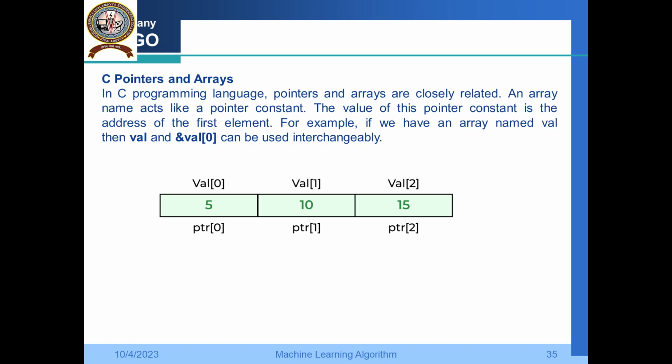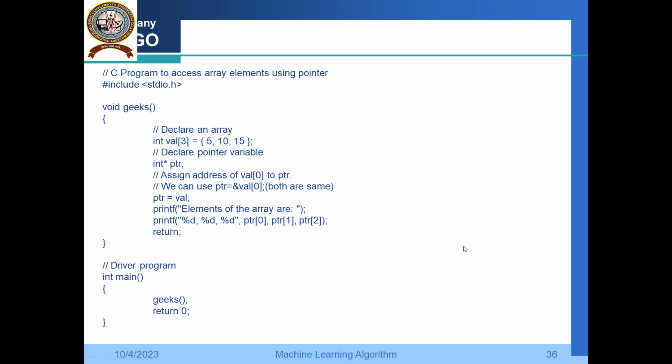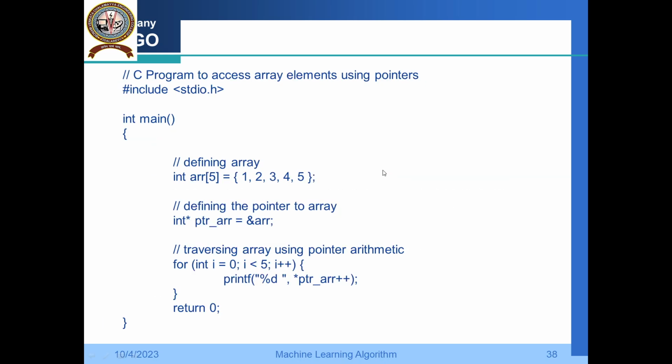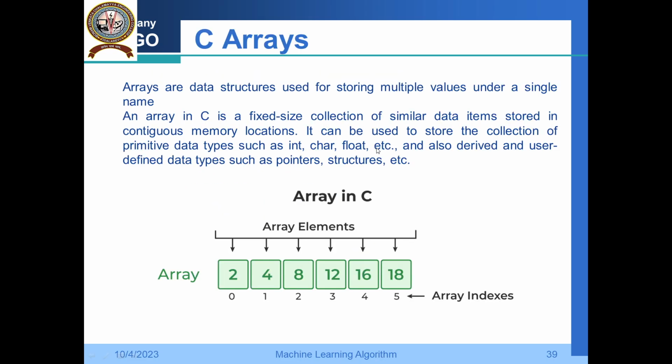For example, if we have an array named value, then *(value + 0) and value[0] can be used interchangeably. So ptr[0] is value[0], ptr[1] is value[1], ptr[2] is value[2], where the values are 5, 10 and 15. You can try this program too, accessing array elements using pointer arithmetic.